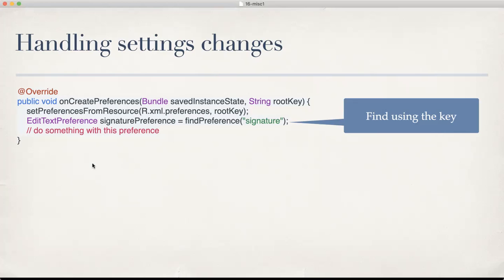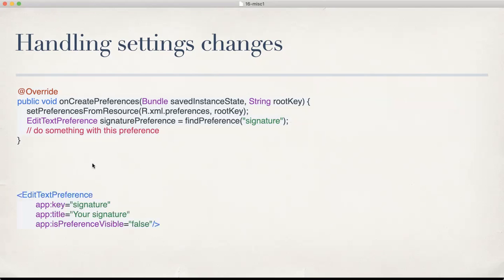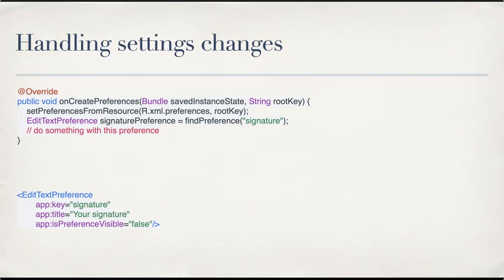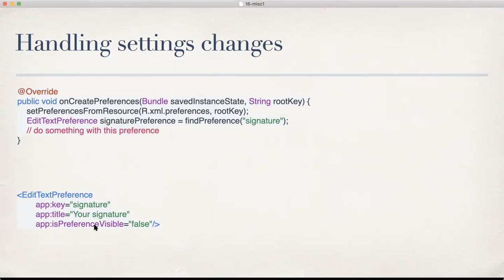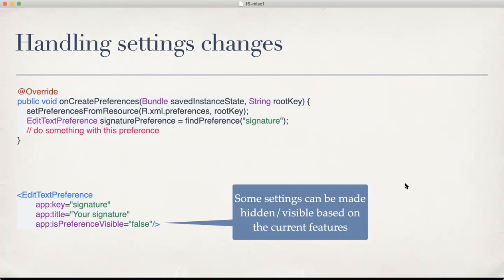By the way, continuing the point on the last slide, you can make certain preferences visible or invisible dynamically based on certain features. You can have the preference made invisible in the XML to begin with, like this, and then make them visible by calling setPreferenceVisible in your Java code.